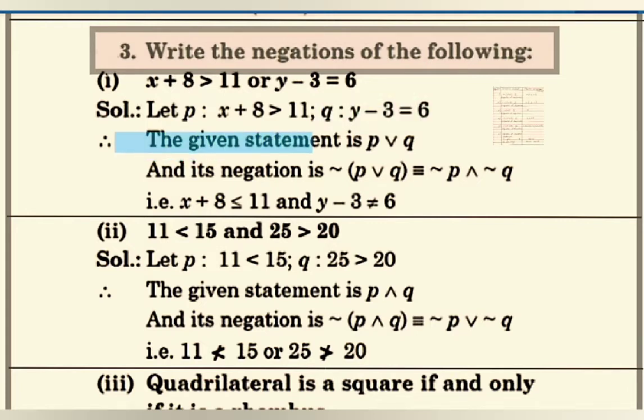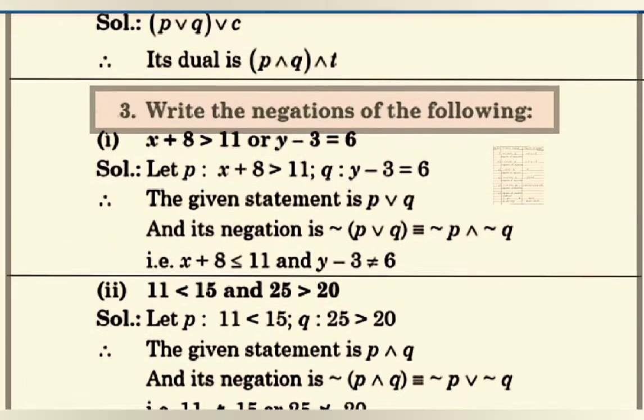Now write the statement in symbolic form. The given statement in symbolic form is P or Q, because the word or is used, meaning disjunction. Its negation is negation P and negation Q.